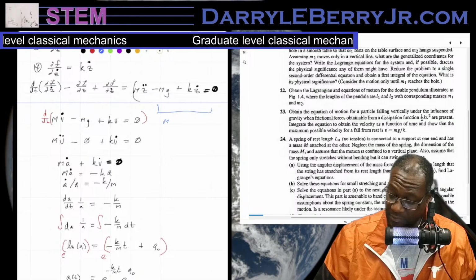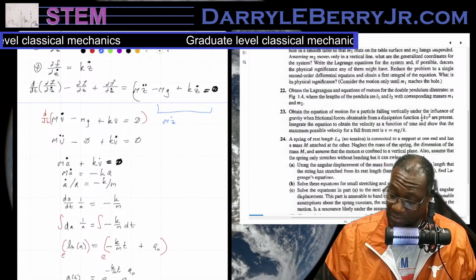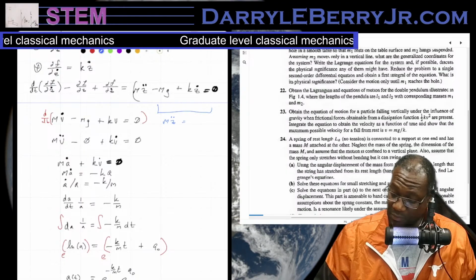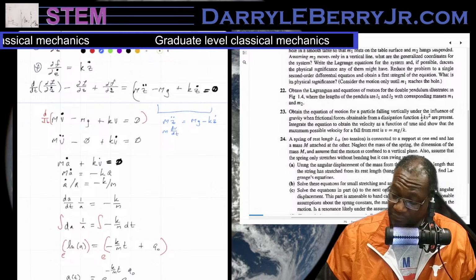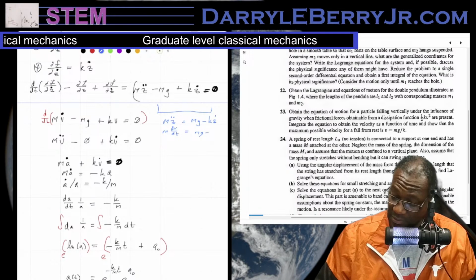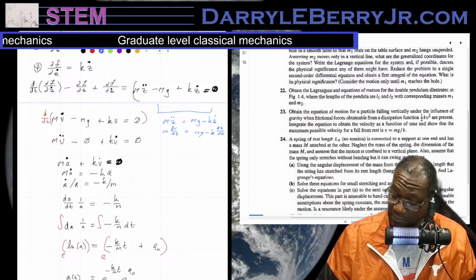So if I had m z double dot equals mg minus k z dot, so this would be m dv over dt equals mg minus k dz over dt.